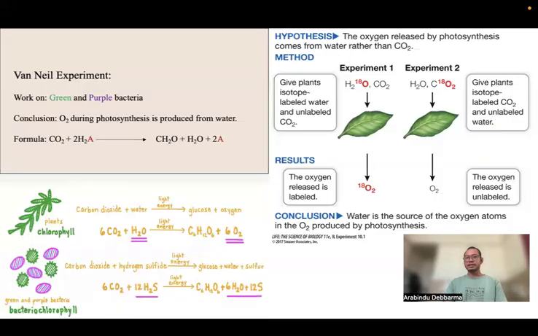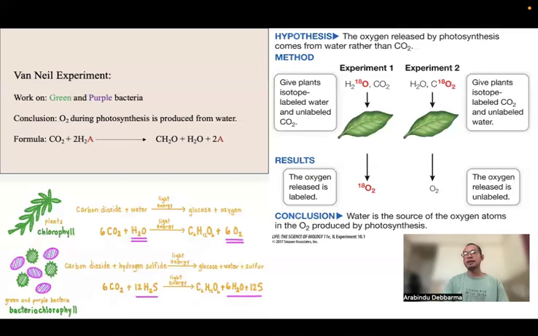So in their first experiment, they radio-labelled the oxygen of the water, and kept the oxygen of carbon dioxide as it is. After photosynthesis was carried out, when they studied the oxygen in the atmosphere, it was found that the oxygen had a radio label of isotope 18.